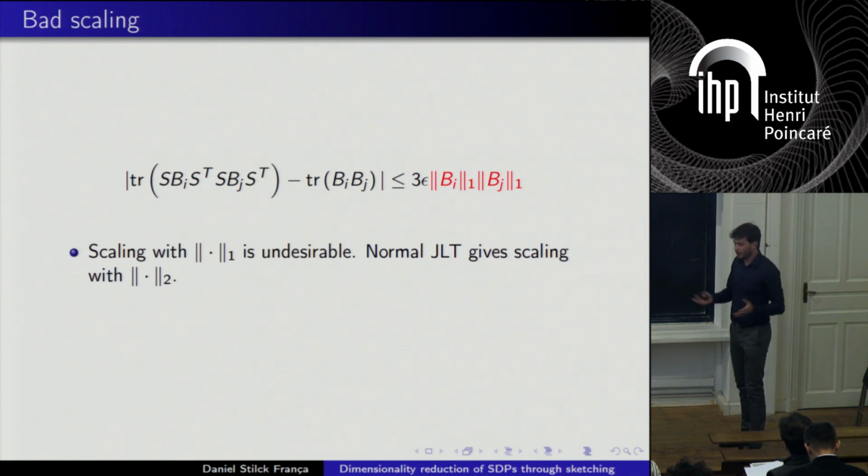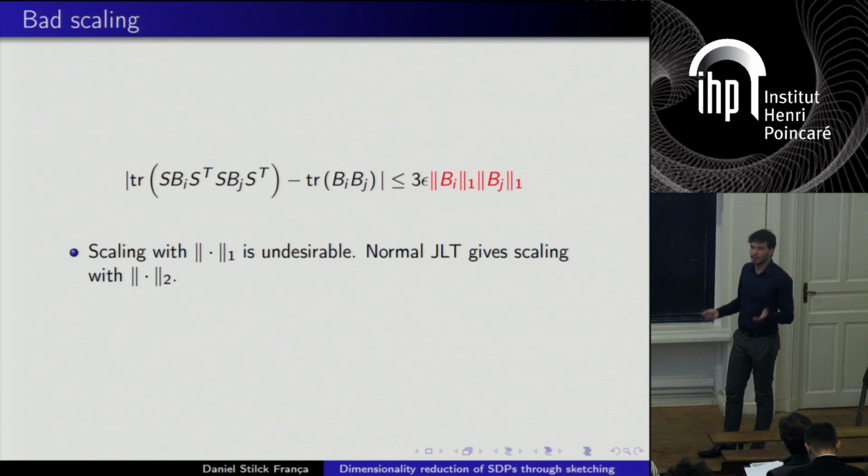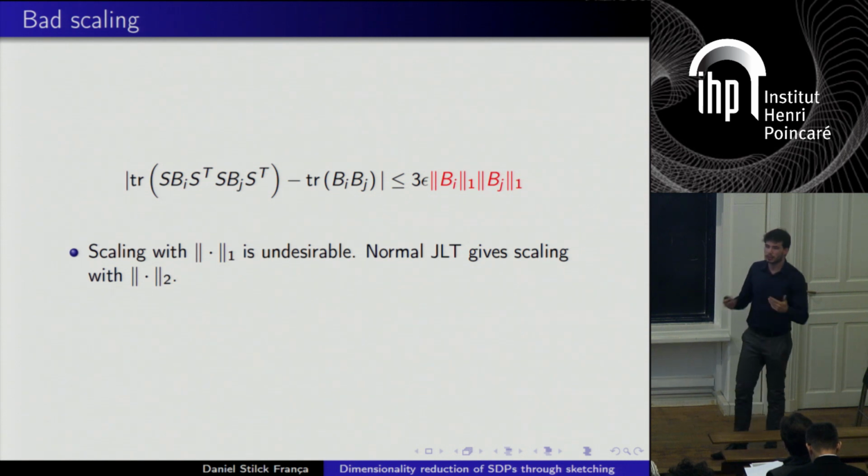If we look at the matrix space with the Hilbert-Schmidt scalar product as a Hilbert space, and we just forget about positivity and use a normal Johnson-Lindenstrauss transform, then we would get a scaling with the two norm over here, which is much nicer because the two norm is easier to compute. It's also smaller than the one norm.